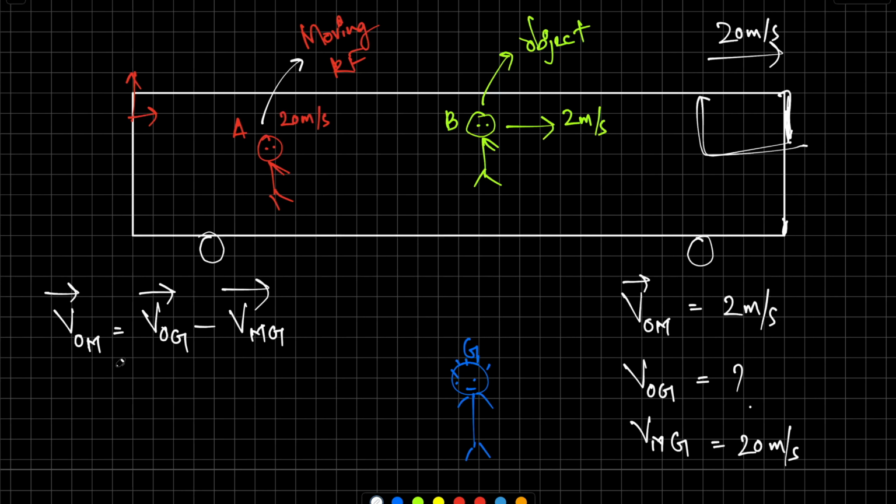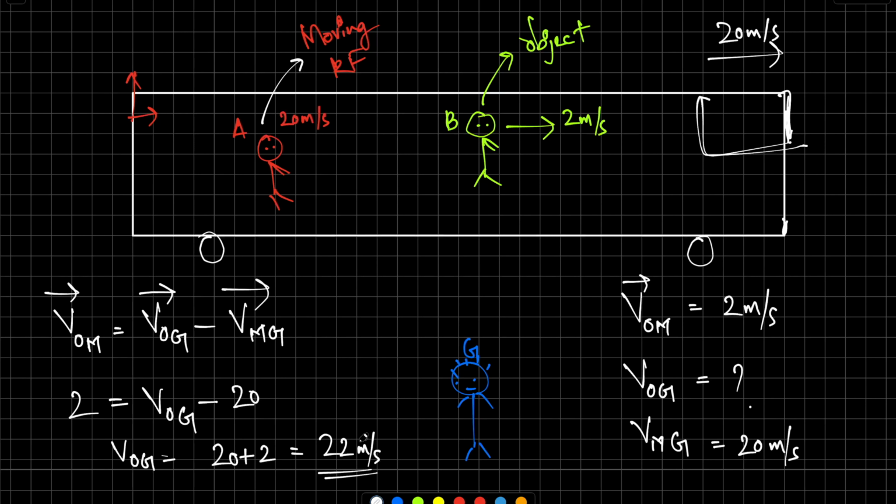Substitute all the values in the main equation. VOM is 2, VOG we don't know, we are going to find that, minus 20, VMG is 20 meters per second. VOG equals 20 plus 2, that is 22 meters per second.